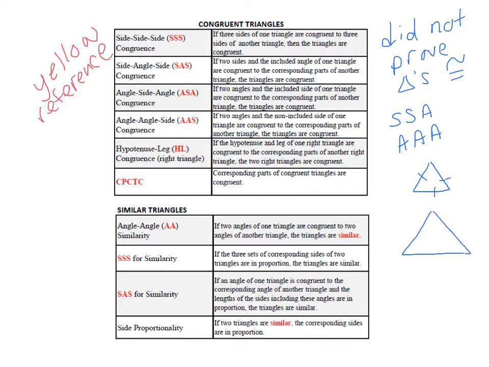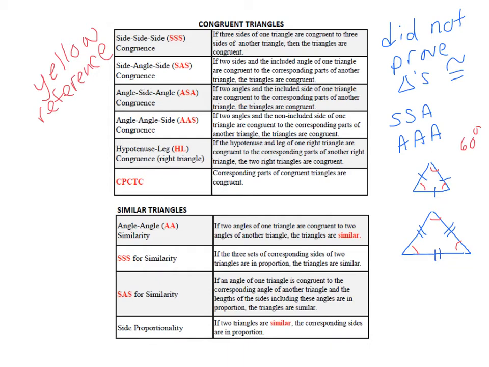I can draw two equilateral triangles that clearly are not congruent, one smaller than the other. But yet we know with equilateral triangles, they're both equiangular, and all of those angles are 60 degrees. So in this case, we've got three pairs of angles. In fact, they're all congruent. They're all 60 degrees, but the triangles are not congruent.